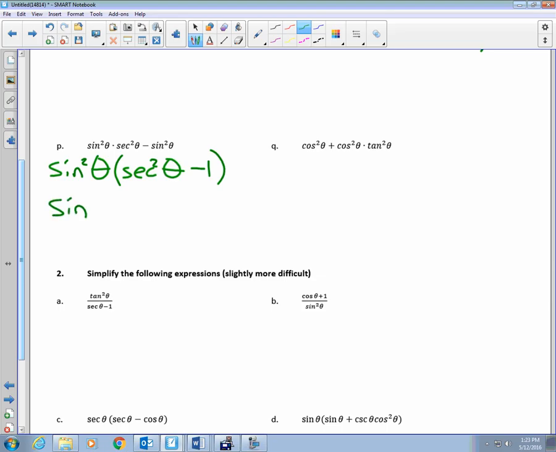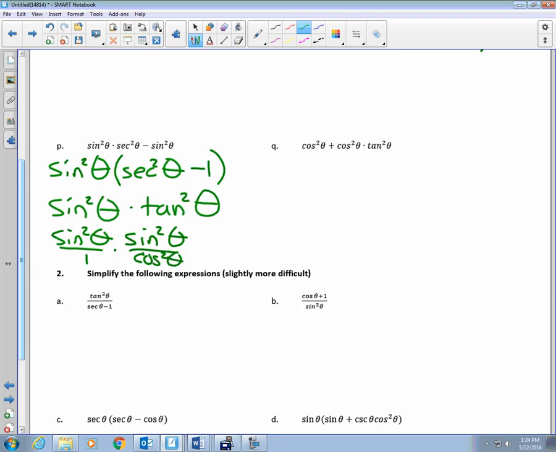So I have sine squared times tangent squared. Now I can approach the problem just like we did the past couple days. Sine squared over 1 times, what is tangent squared? Sine squared over, does anything cancel? No, it doesn't. So this actually doesn't really help us to rewrite it like this. So I'm not going to do that. This is the simplified form right there.